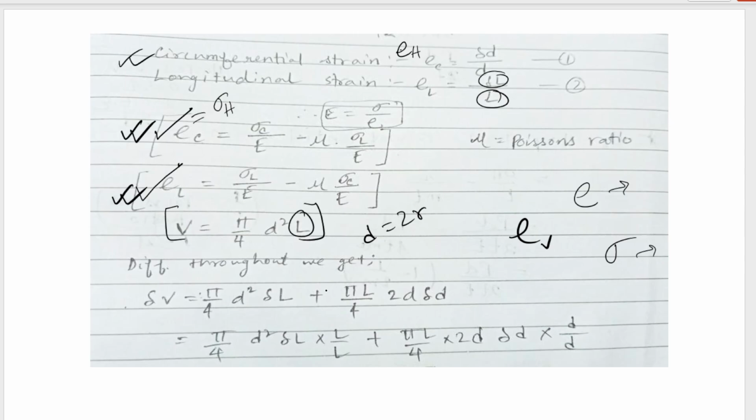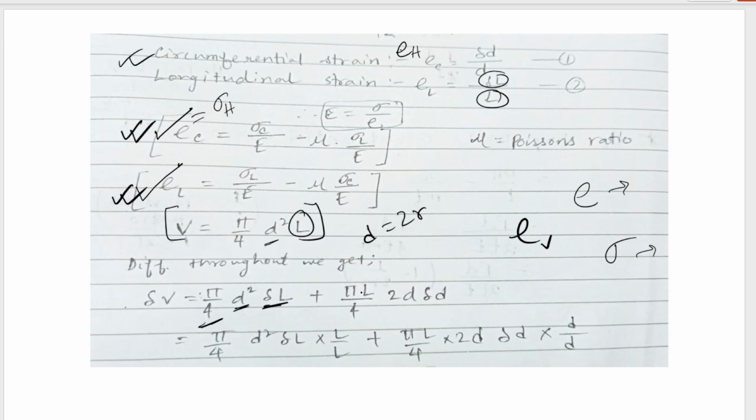Now differentiating throughout, if you differentiate V partially, you will get delta V. Pi by 4 d square will remain, and you will get delta L. Plus, now you keep L constant and differentiate d.